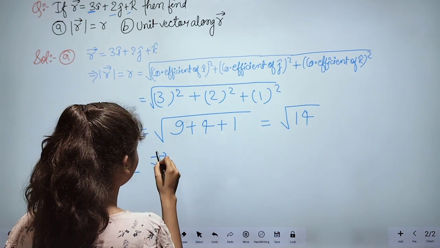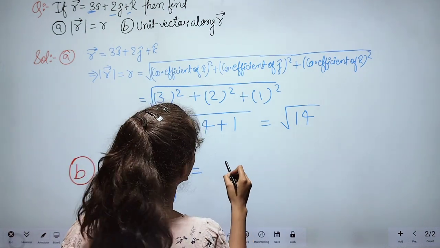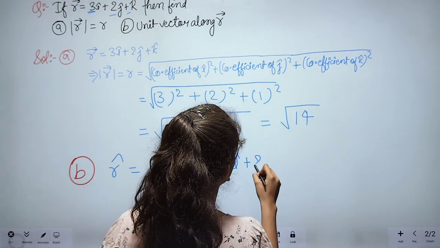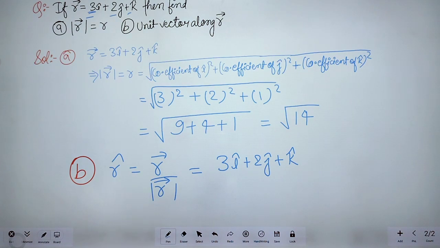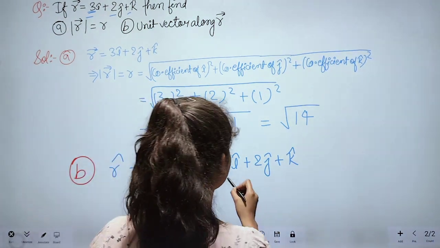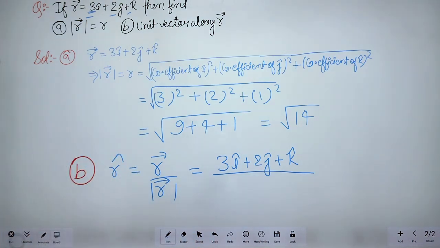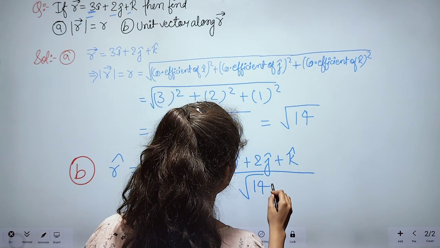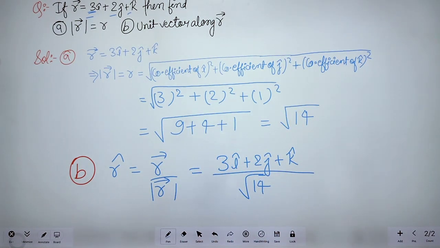So r vector is equal to 3 i cap plus 2 j cap plus k cap. We write the same thing: 3 i cap plus 2 j cap plus k cap by the magnitude of r vector. The magnitude of r vector is root 14, so we write root 14. Now this is the answer. I hope you understand this question.